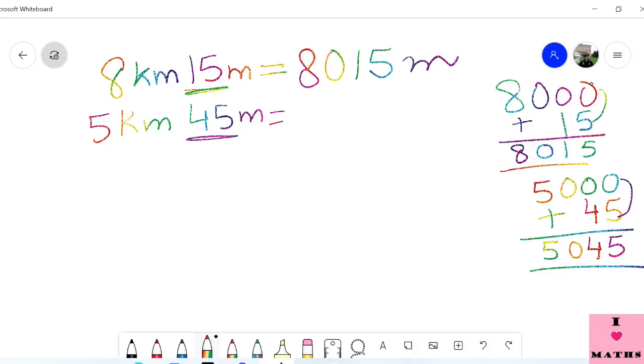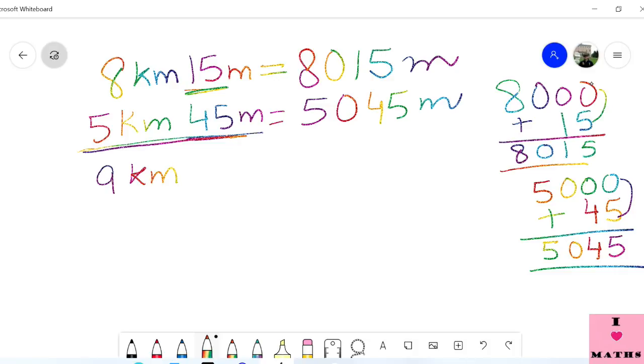So the number of meters in 5 kilometer 45 meter is 5,045 meter.